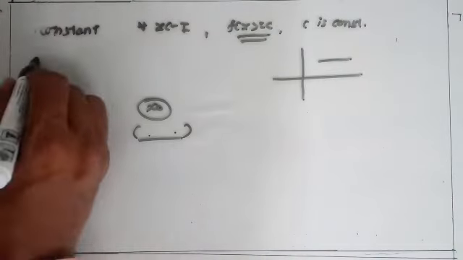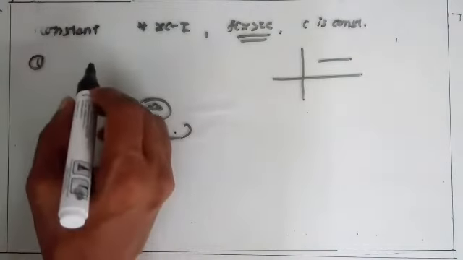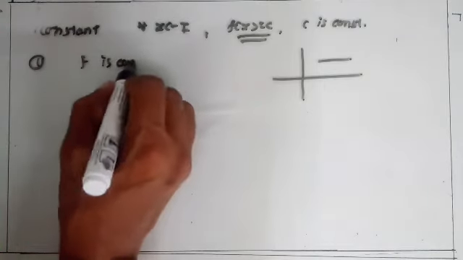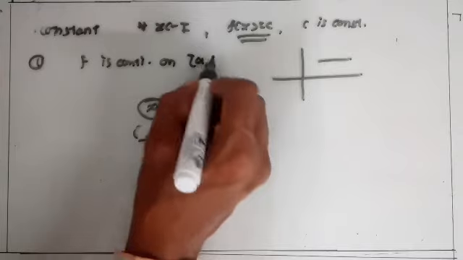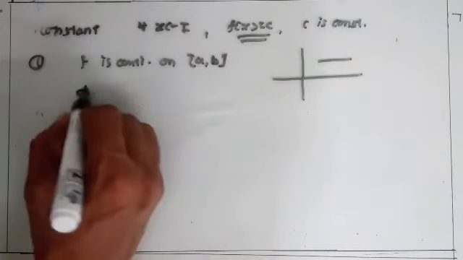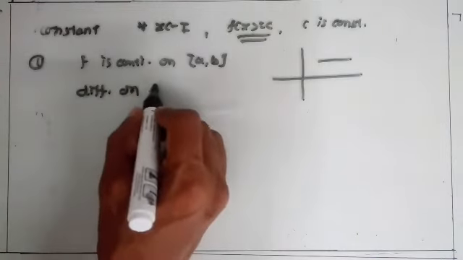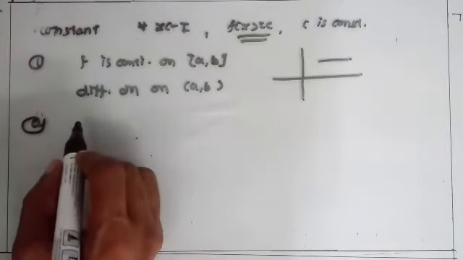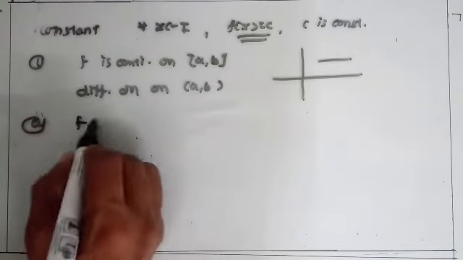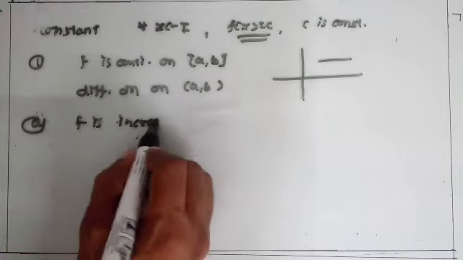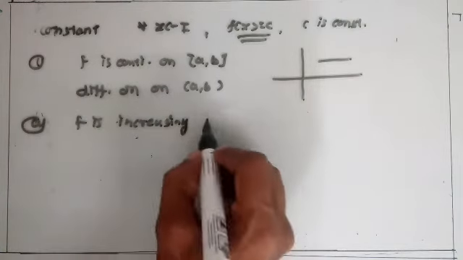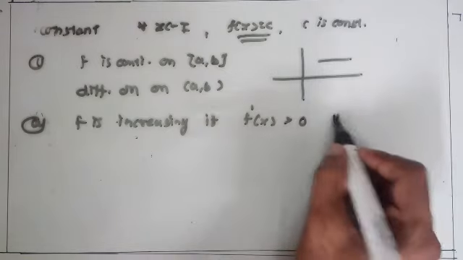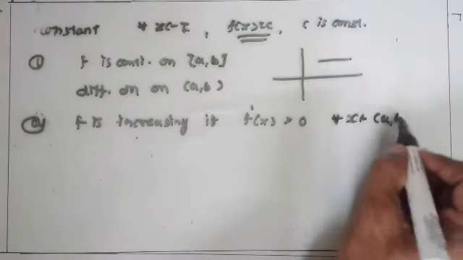Now theorem number first. If f is continuous on a closed interval [a, b] and differentiable on open interval (a, b), then number 1, f is increasing if f dash x greater than 0 for all x belongs to open interval (a, b).